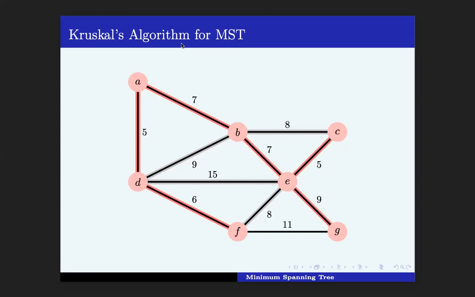It will also take order of number of edges. So if I keep taking order of number of edges, that many times, to find the next smallest and so on, how much time does it take in total? E square. So not order of E, right?